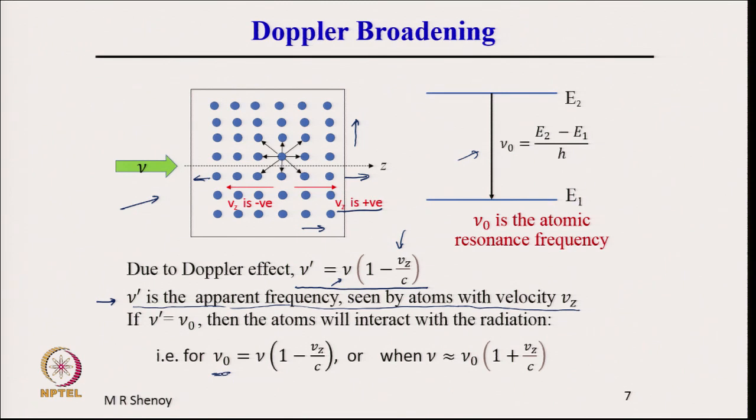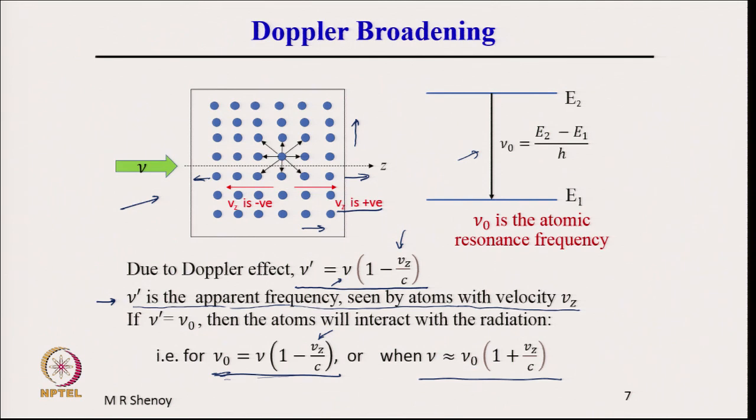So, whenever nu 0 happens to be this, then those atoms with velocity component Vz will interact with the incoming radiation. This can be approximately written, because Vz by C is a very small number, as nu is equal to nu 0 into 1 plus Vz by C.